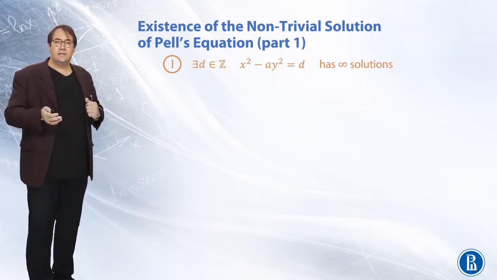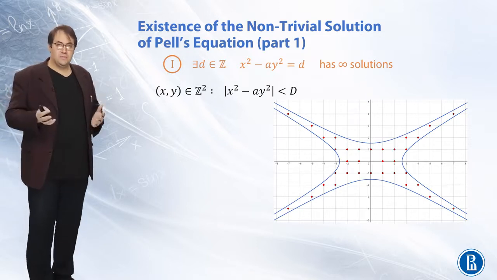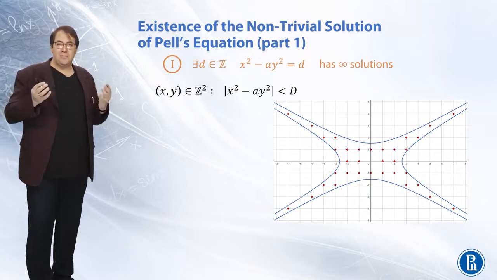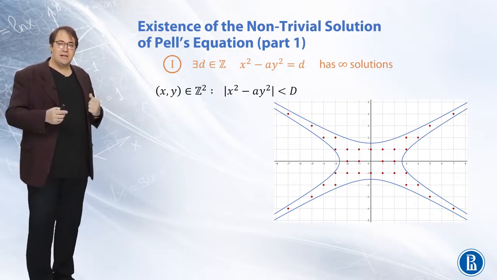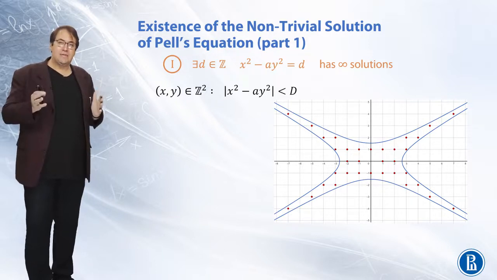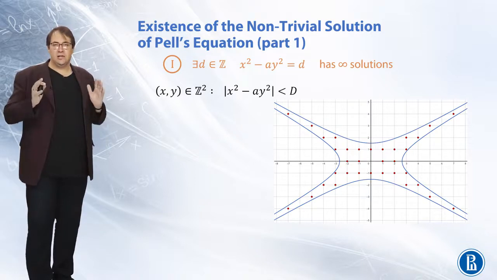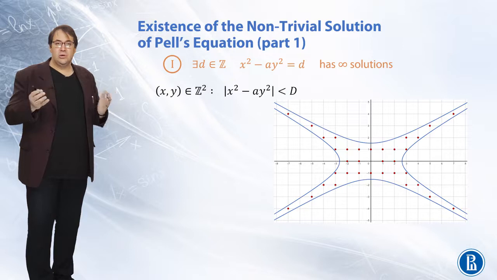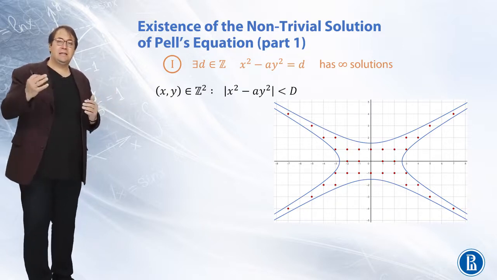First, consider a region on the coordinate plane bounded by a hyperbola and given by the condition that the absolute value of x squared minus a y squared is less than capital D. We do not know yet what D we should choose, so we'll choose it a bit later.